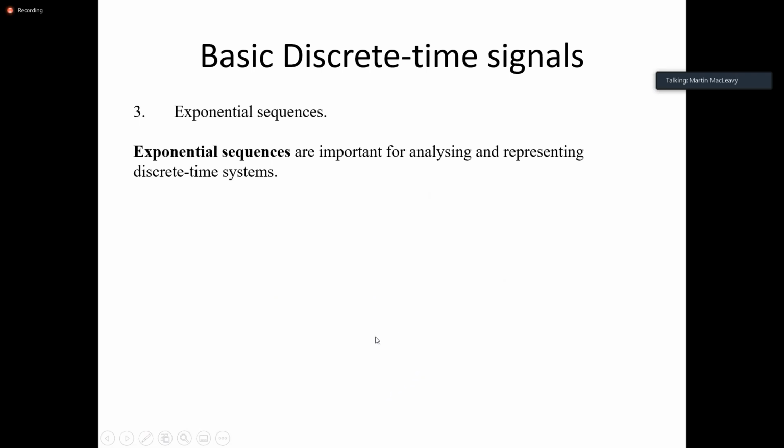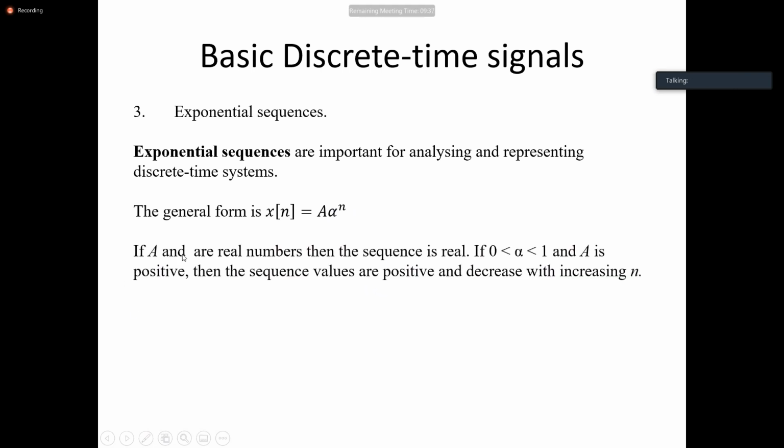Finally, for today, I was going to make this my last slide anyway. Exponential sequences. Important for analyzing and representing discrete time systems. We'll see more about that as we go along. The general form, x of n is equal to a alpha to the power n.